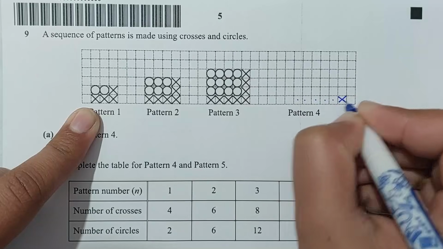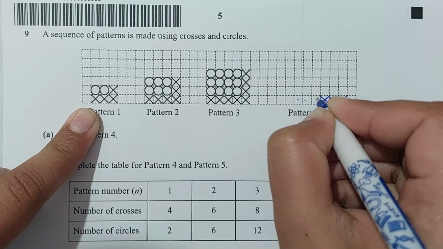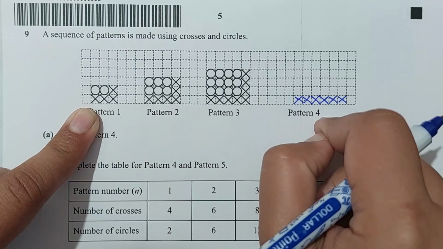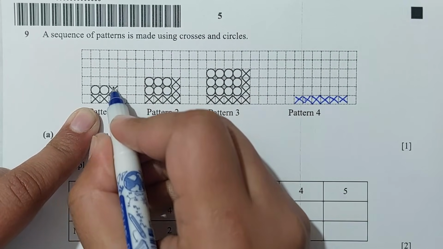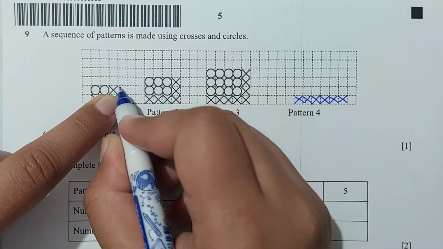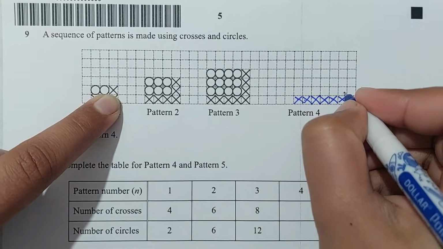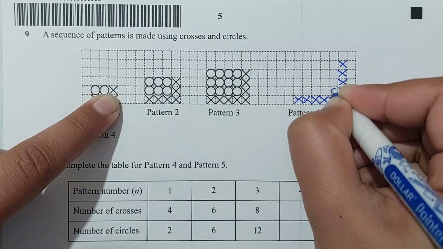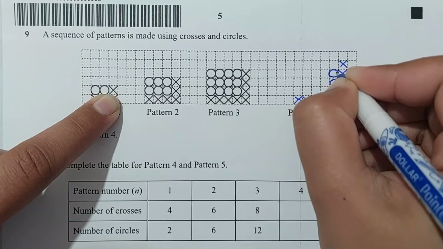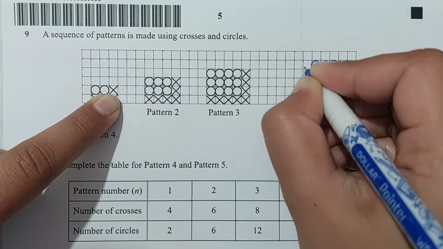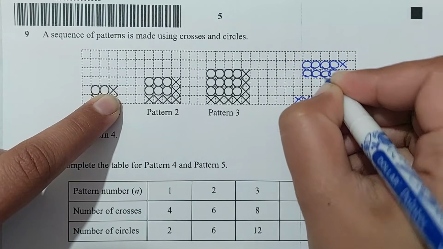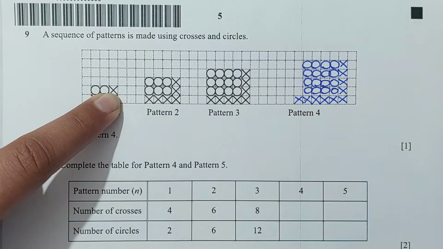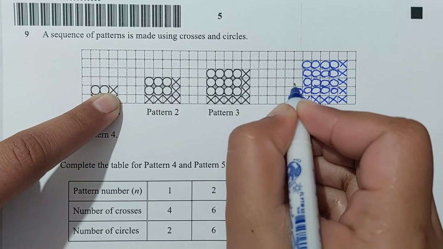So 2 crosses over here, this is 1, 2, 3, 4, and the rest are circles. So you guys can see this would be the pattern.